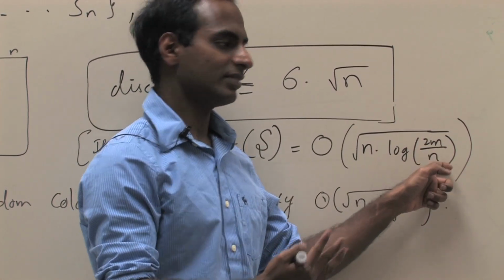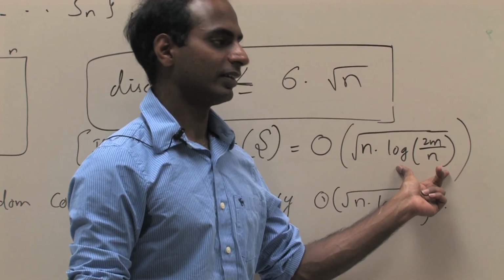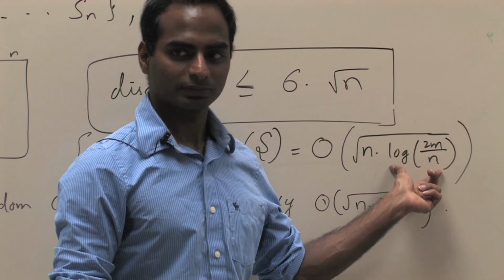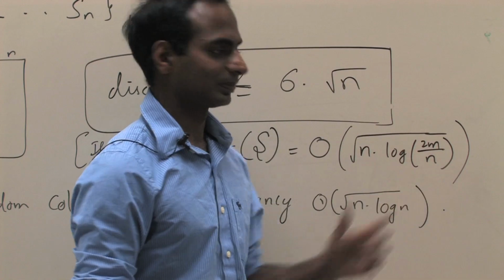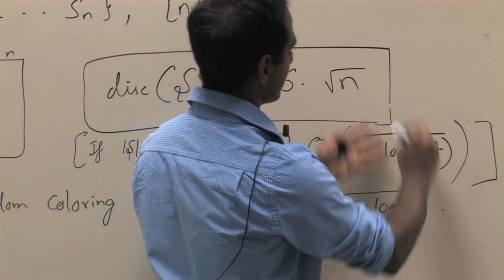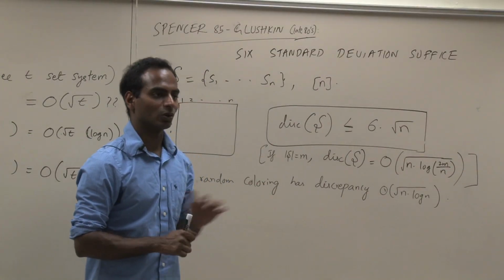So if m is n, then this is a constant. Okay? And if m is much bigger, then you don't get anything. So this is the more general bound. But you can kind of reduce from this case to this case, maybe without the 6, but with an O term there.